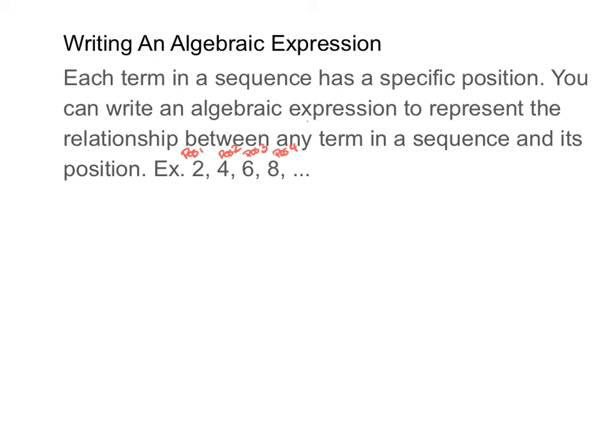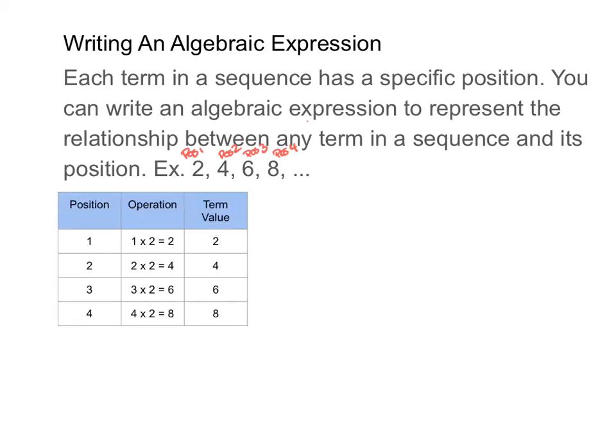So let's look at the table and see what's going on here. Here's the table. I have my positions here, 1, 2, 3, 4, and my final answer is 2, 4, 6, 8. So I have my position, and what happens to get to this 2? Well, let's look at this one.